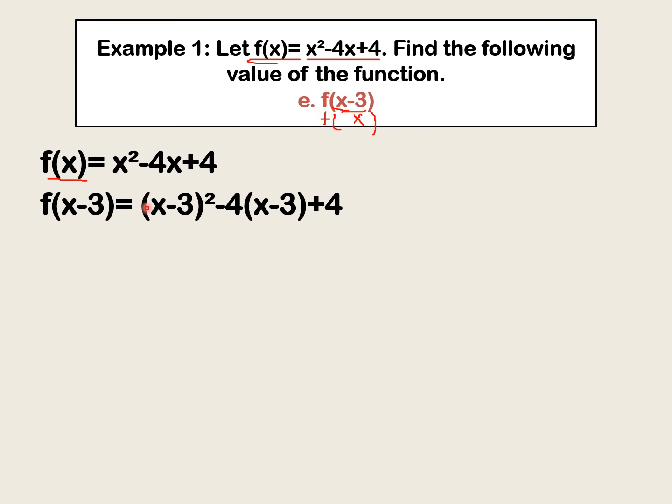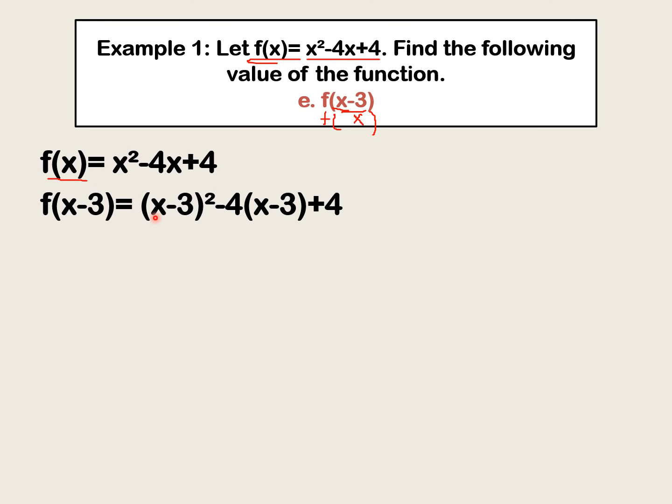Naka-parentheses kasi meron tayong dalawang terms ng mismong x na to. Okay? Tapos, minus 4. Tapos, yung x dito, papalitan natin yung value niya, which is x minus 3. Tapos, plus 4. After nyo ma-substitute lahat ng values of x dito, simplify na natin.